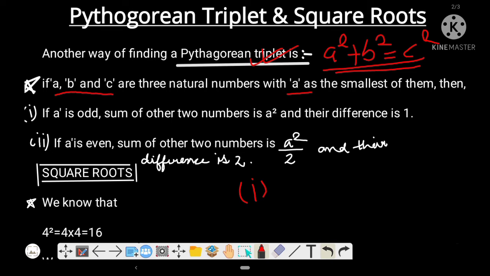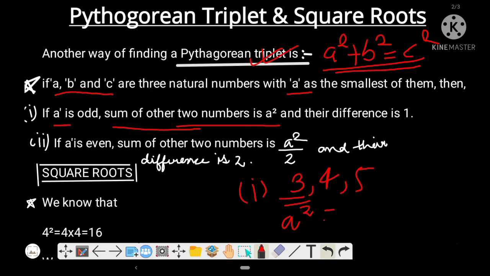Let's take the Pythagorean triplet 3, 4 and 5. The smallest side is 3, which is a, and it is odd as well. So the sum of the other two numbers should be a square: 4 plus 5 is 9, and 3 square is also 9.